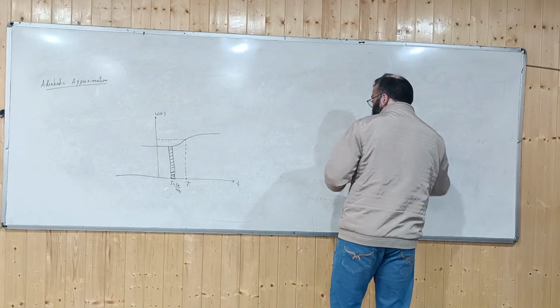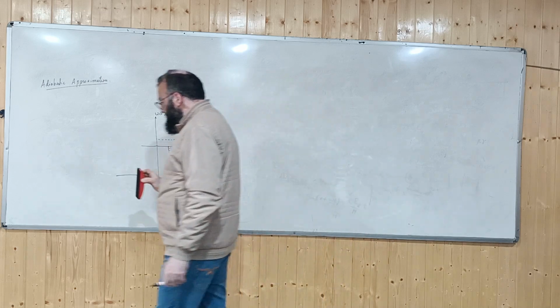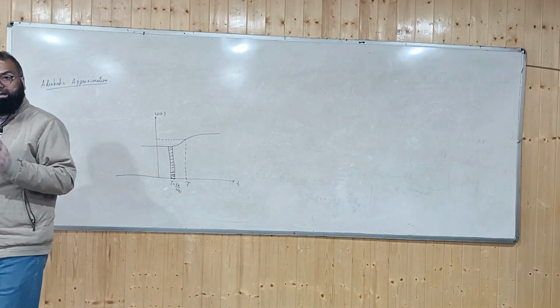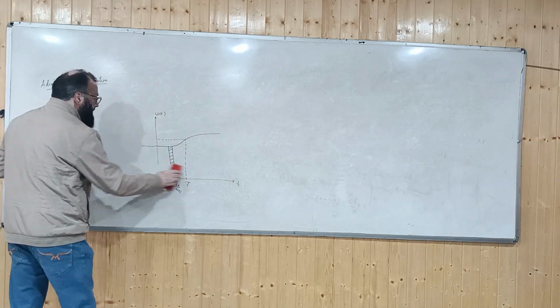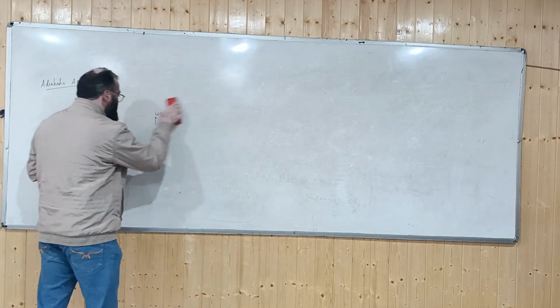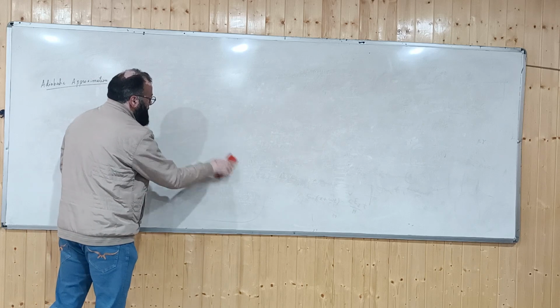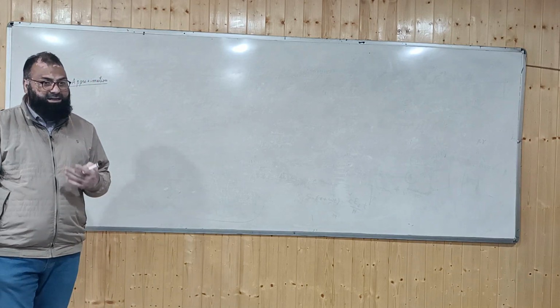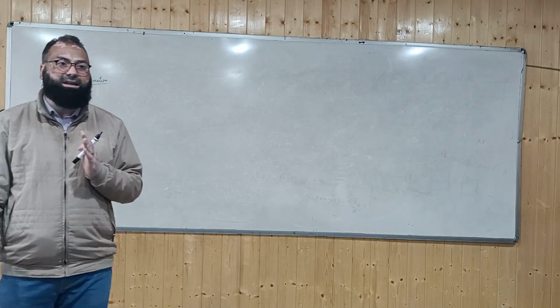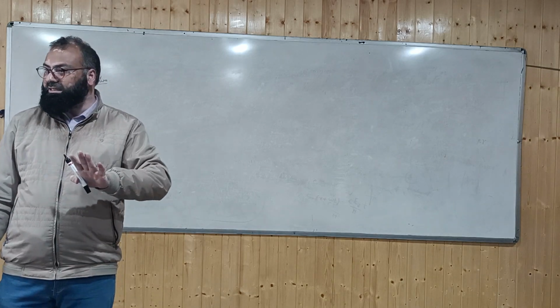So what does this imply? If I have adiabaticity, an adiabatic evolution, what exactly does it mean? What does it imply? Does there exist any conserved quantity, or at least any invariant quantity?